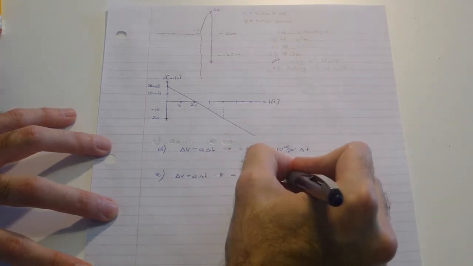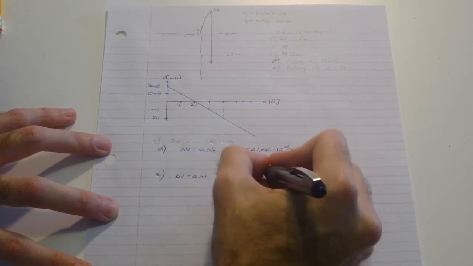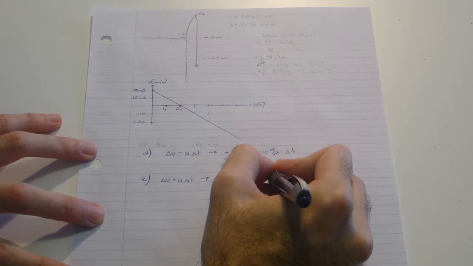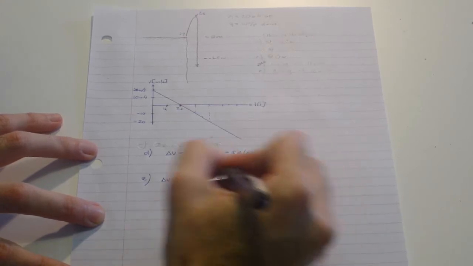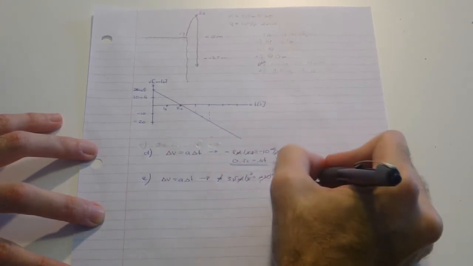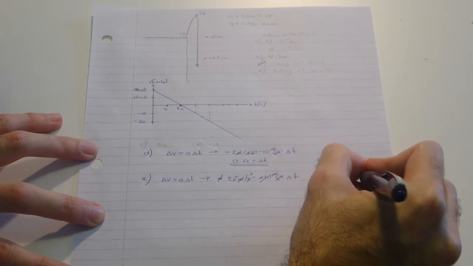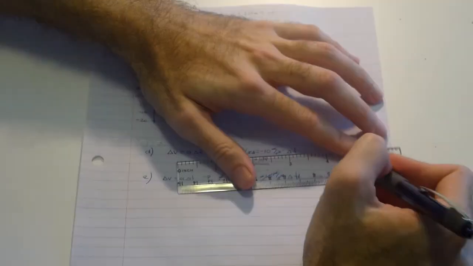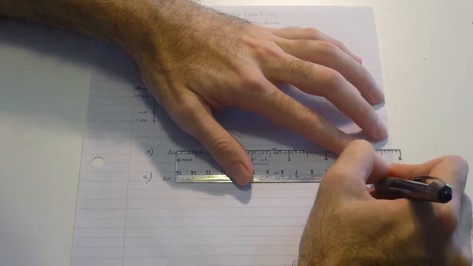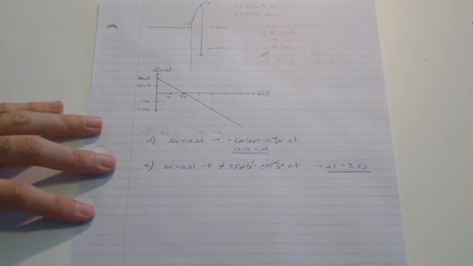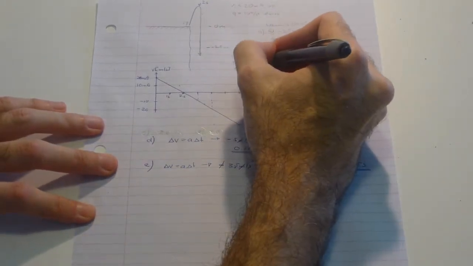Divide by meters and multiply by seconds squared. I divide by 10 and the negatives go away, therefore my delta t is 3.5 seconds, which corresponds to what we've seen in the graph. So E is done.